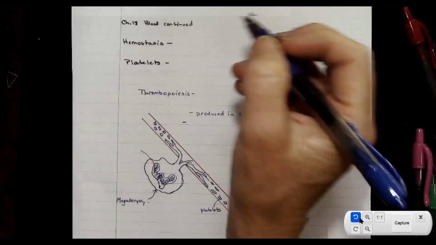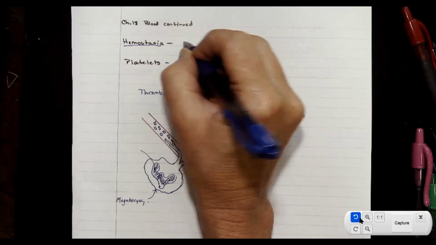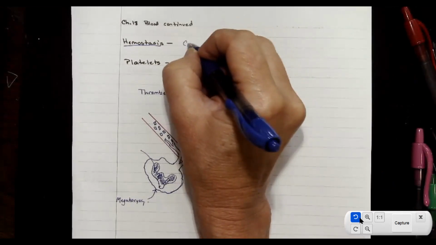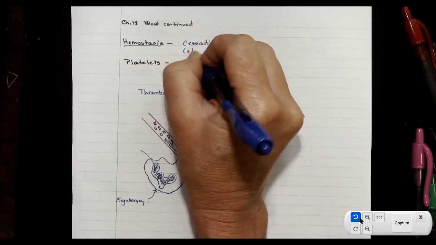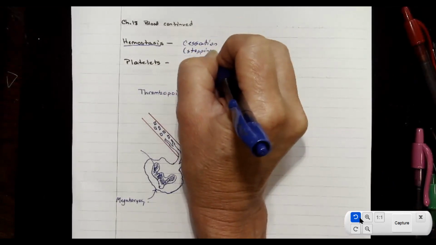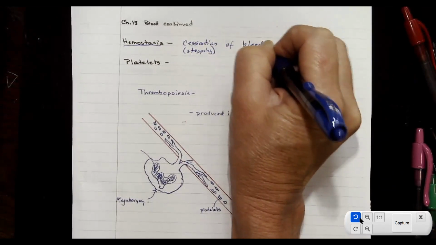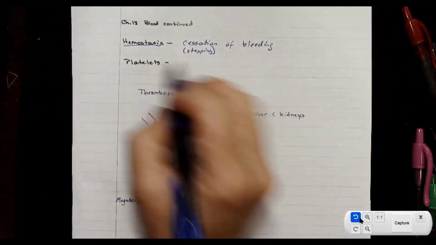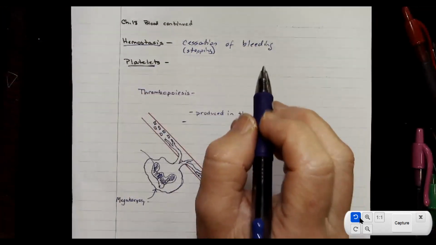So hemostasis means stopping blood flow or cessation. I'm going to put stopping here just to make sure you know what that means. Cessation of bleeding. And platelets are crucial for this to take place.